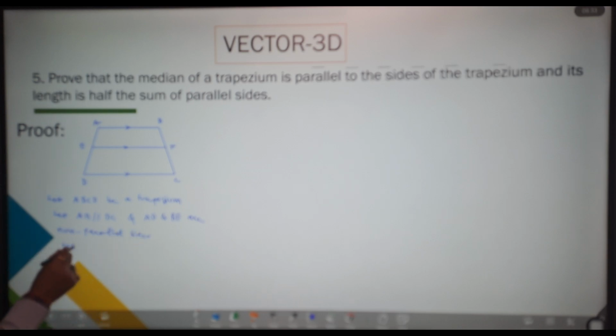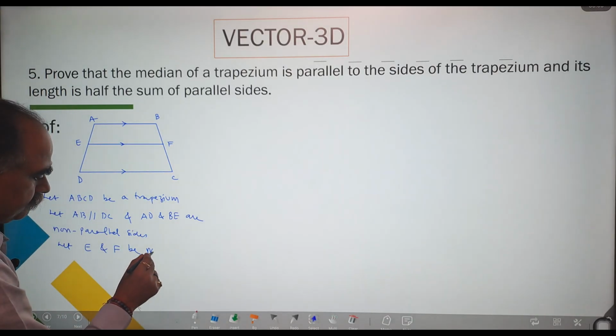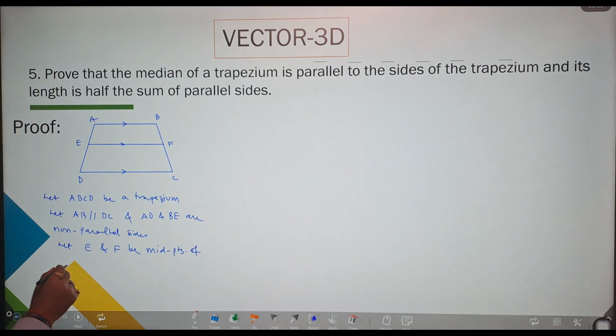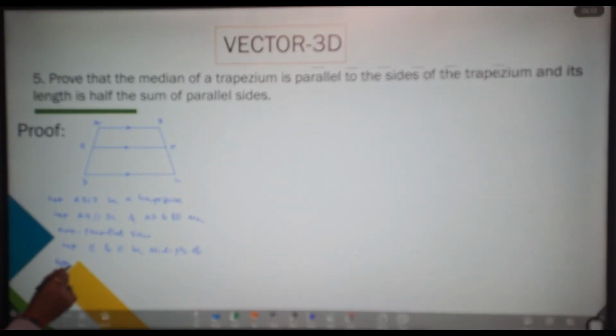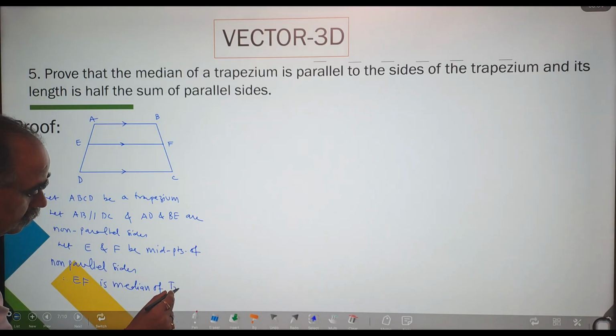Let E and F be midpoints of non-parallel sides, therefore EF is the median of the trapezium.